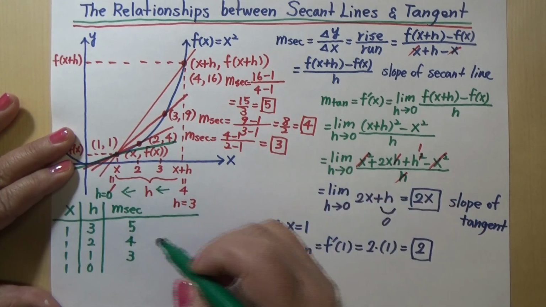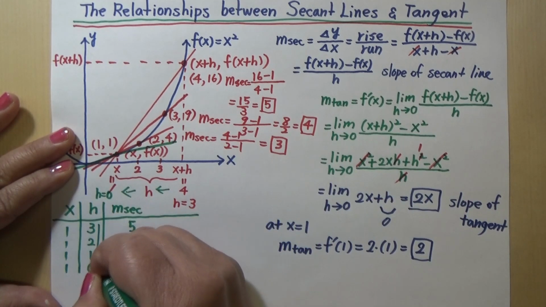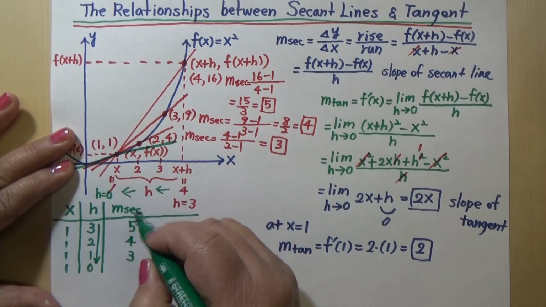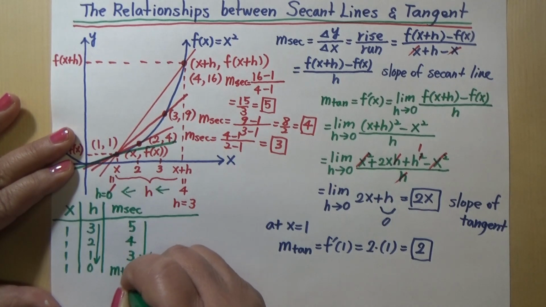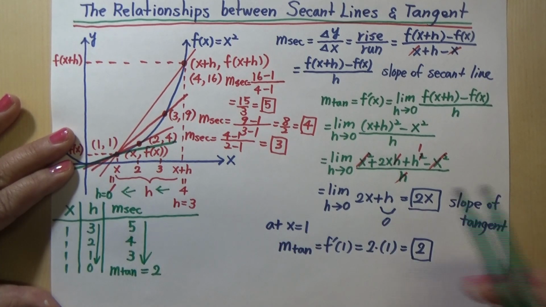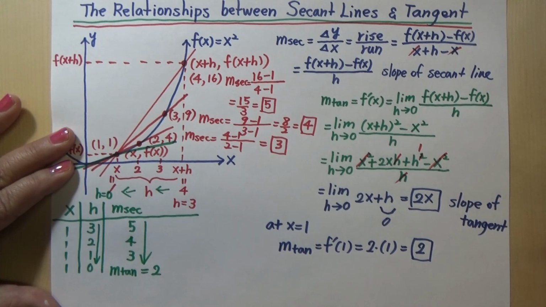And now finally, as h approaches 0, the slope of the secant line approaches the slope of the tangent line, which is 2. You understand? And I hope this is going to be very helpful.